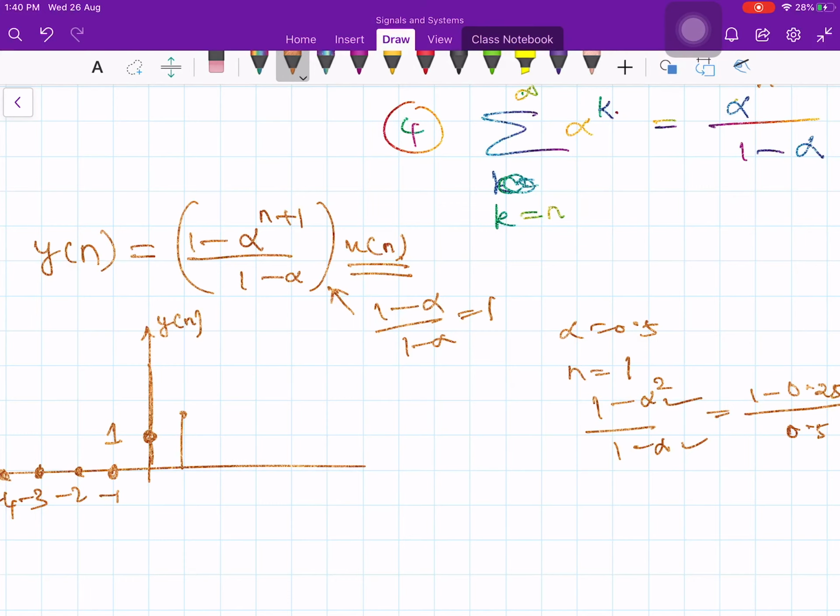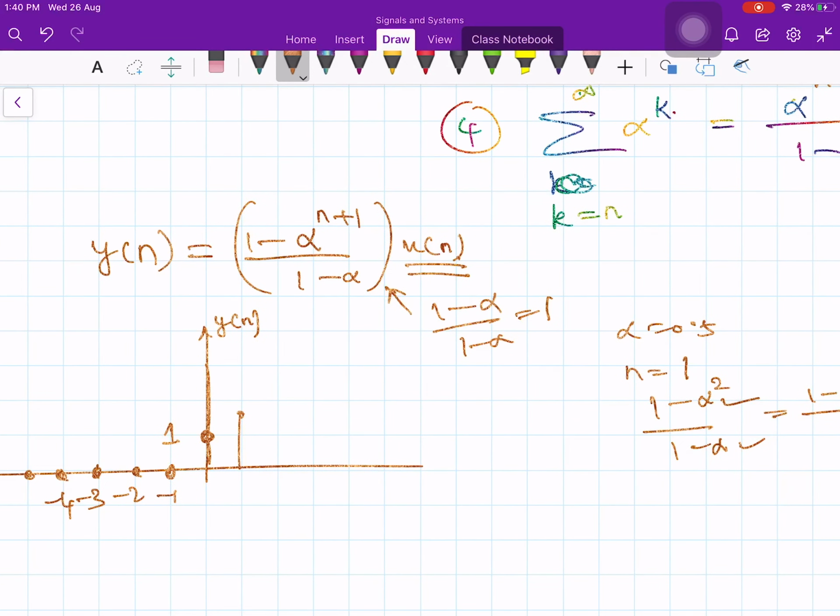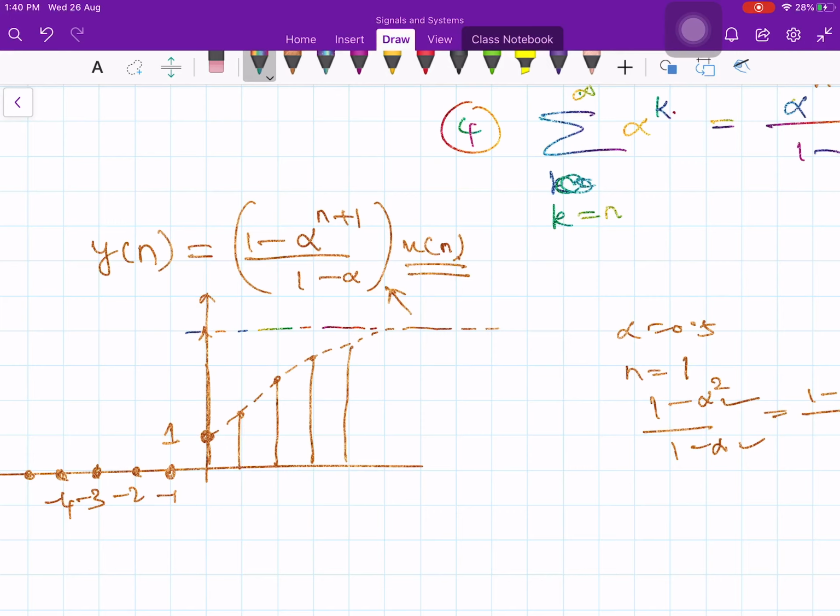Anyway, check it out. For every sample it keeps on increasing like this, and for one value it saturates. And that value is 1 divided by 1 minus alpha. Okay, so that's how your y of n looks like.